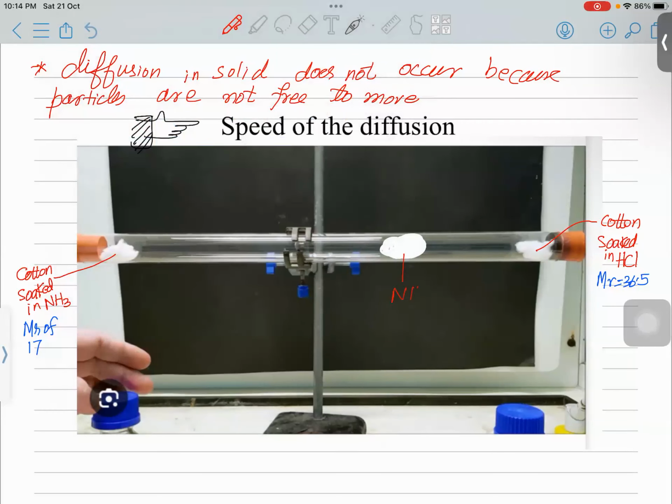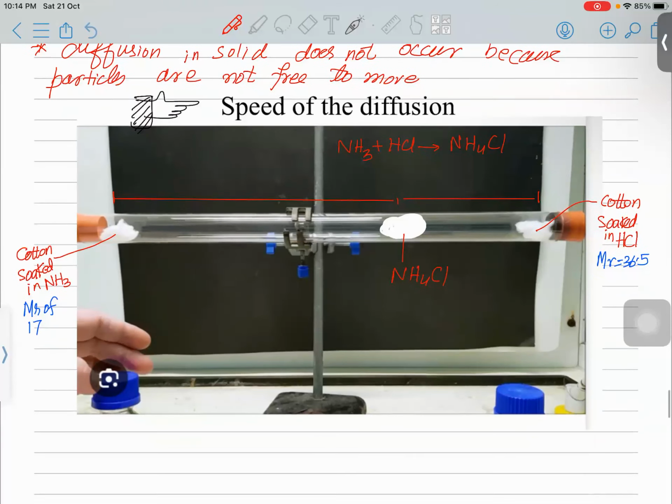This is called ammonium chloride. Why is this ammonium chloride? Because ammonia reacts with HCl and forms ammonium chloride. Let's suppose this is the distance covered by ammonia, and this one is the distance covered by HCl.